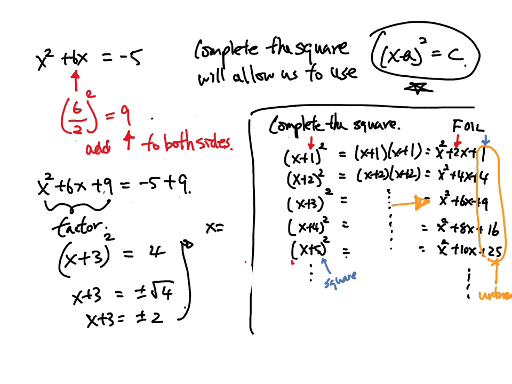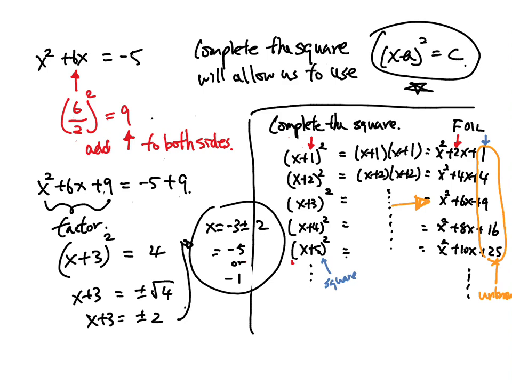So x equals -3 plus or minus 2, which means we get either -5 or -1. Okay, -5 or -1.